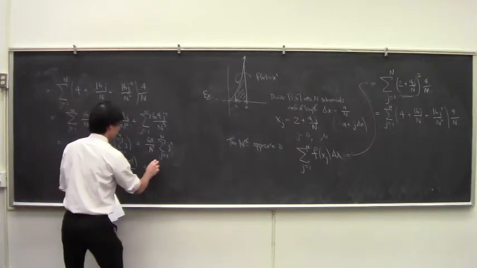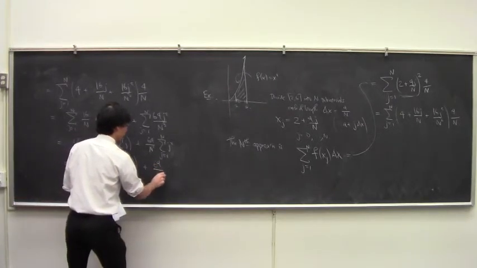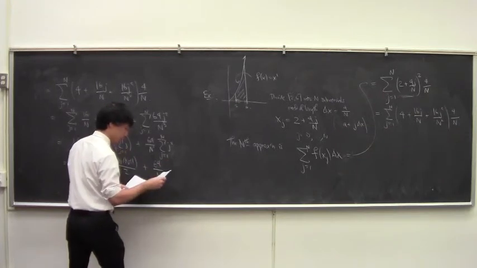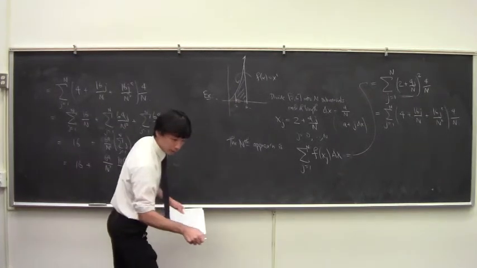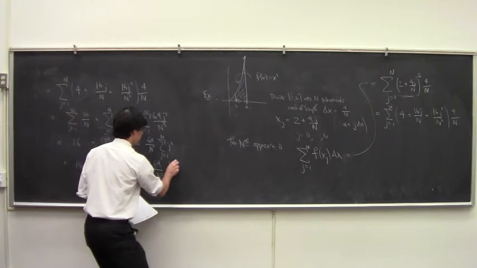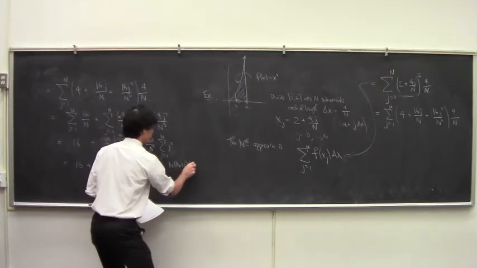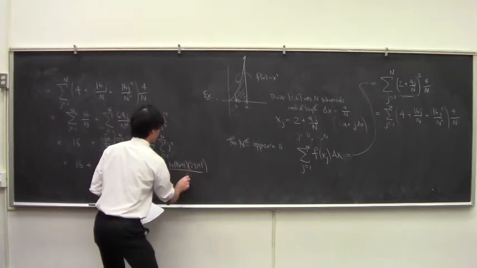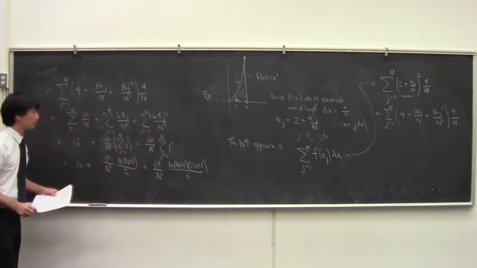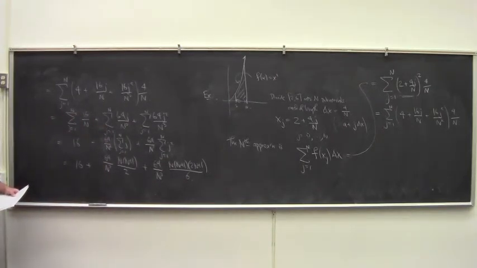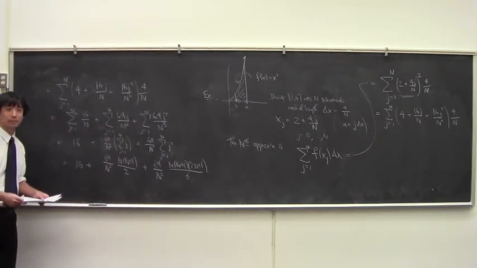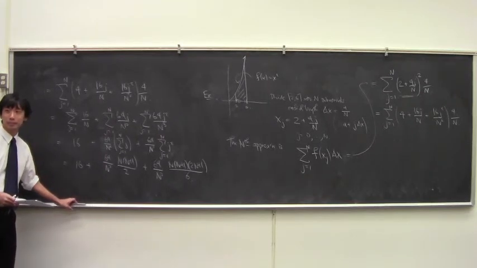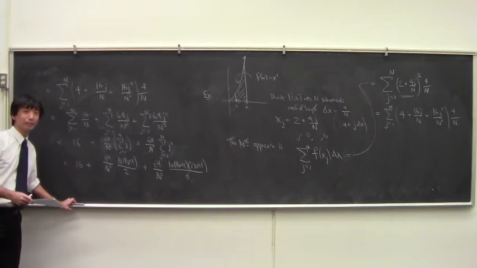And so here we're going to get 64 over n cubed times whatever the formula is, n times n plus 1 times 2n plus 1 over 6.